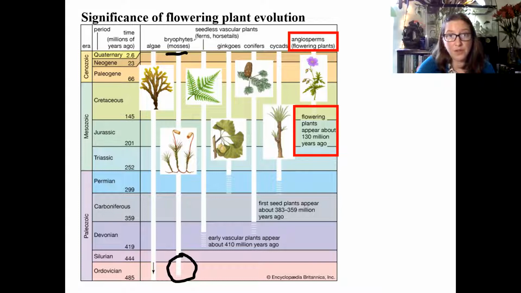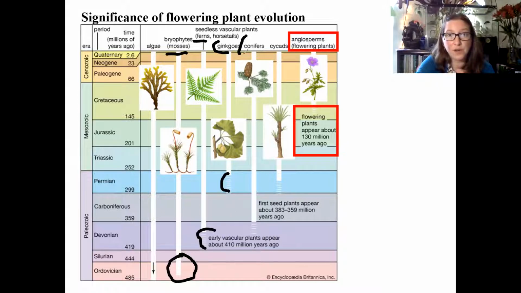Then you have your ferns, right? Your spore shedding vascular plants. Those show up around 410 million years ago in the fossil record. Then ginkgo, which we learned about last class, one of the gymnosperms, roughly 280 million years ago, give or take.